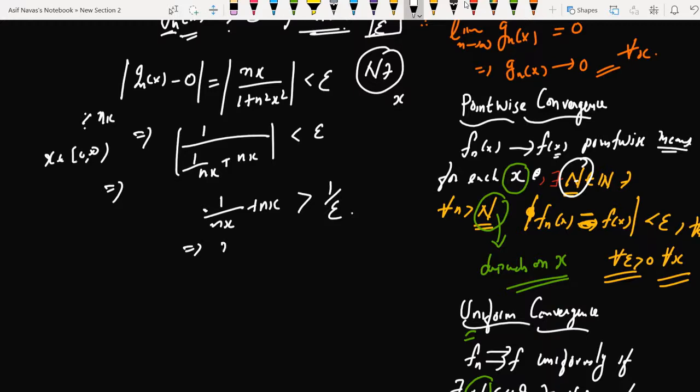This implies nx is greater than 1 by epsilon minus 1 by nx.